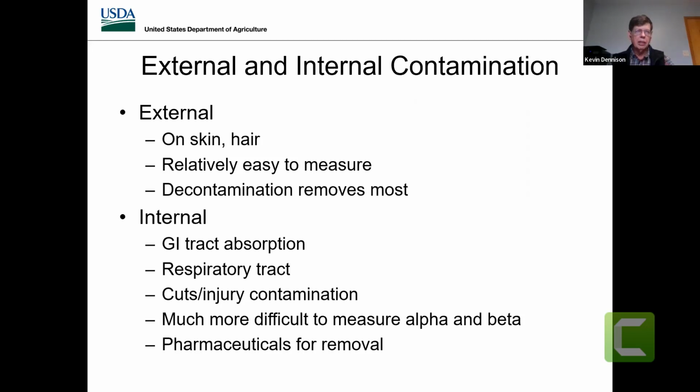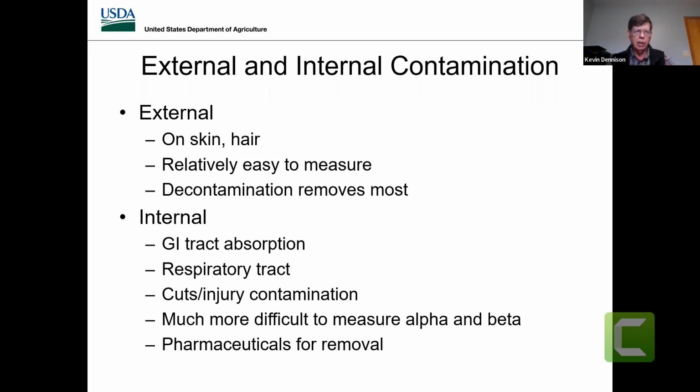And then internal, either GI tract or respiratory tract. If you were in a nuclear detonation, you might have wounds and contamination inside the wounds. It's much more difficult to measure the alpha and beta radiation internally because it's blocked by the body.